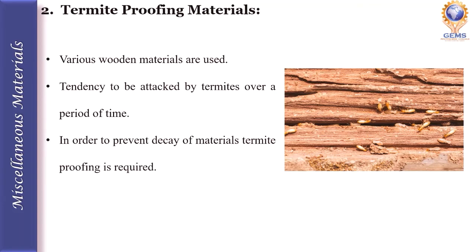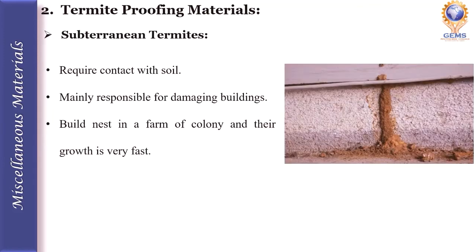There are two types of termites. One is subterranean termites, another one is drywood termites. First, subterranean termites. These subterranean termites require contact with soil for their living.